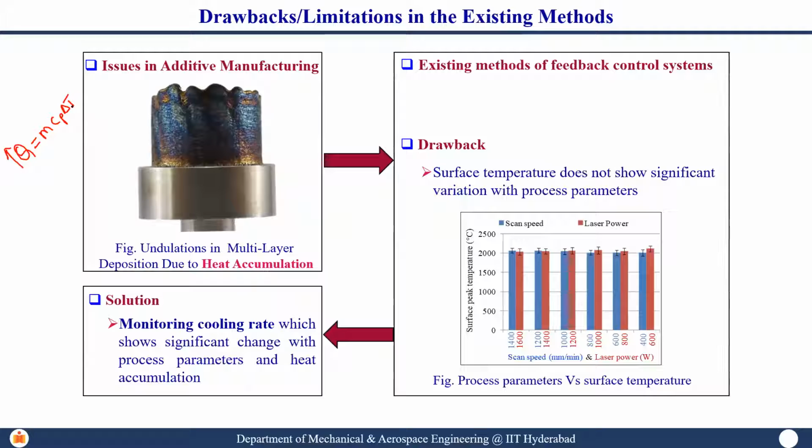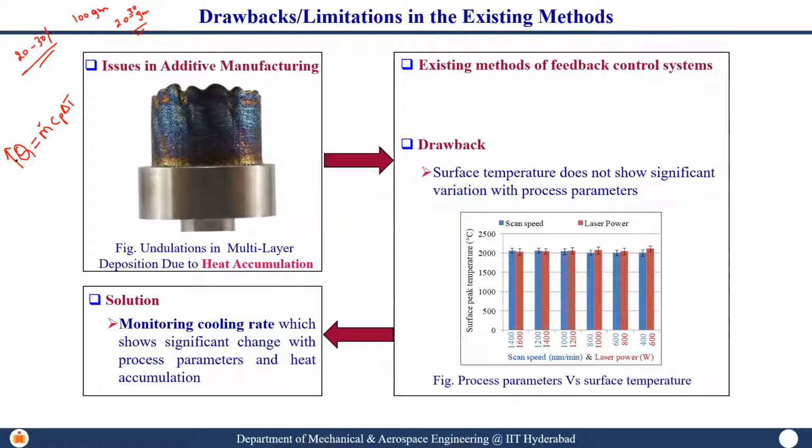Exactly true. But in additive manufacturing, you should remember that our catchment efficiency is not 100%. Typically it is 20 to 30%, which essentially means if I blow 100 grams of powder, only 20 to 30 grams gets deposited, and the rest just comes outside. It's not getting deposited, which essentially means my m is not constant here.